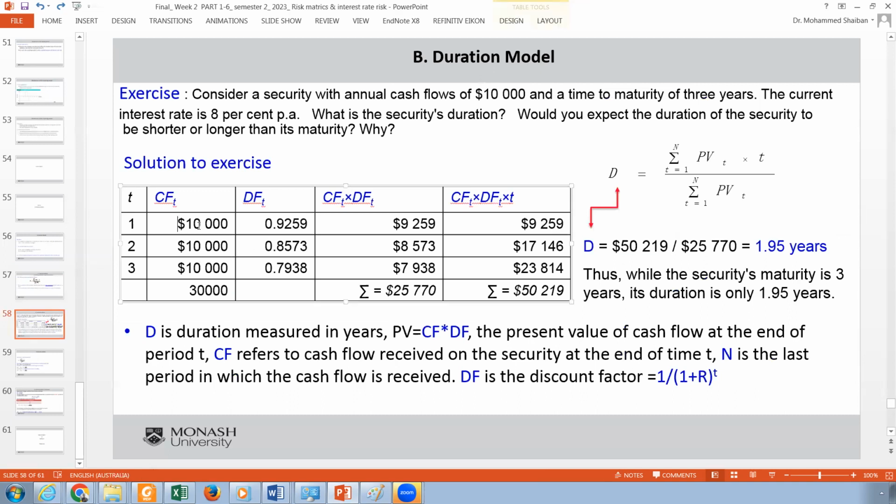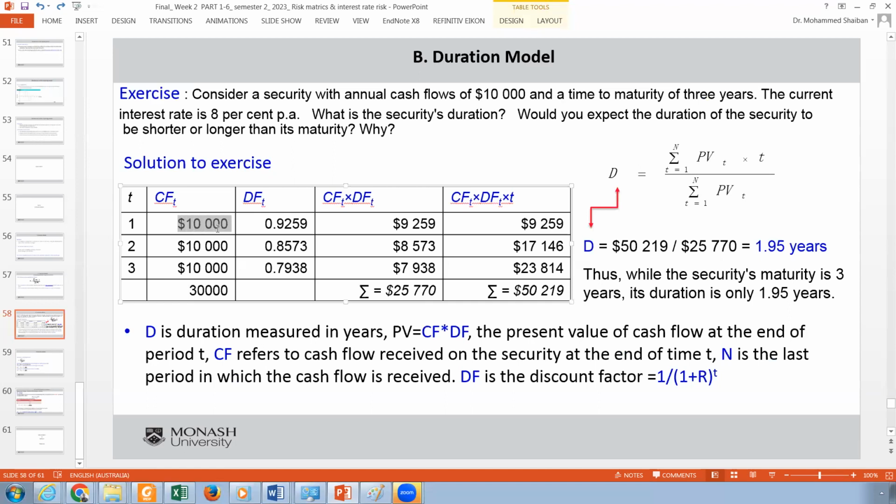Assuming I have a loan, this loan is 30,000, and it is for 3 years. According to the repricing model, I will just consider that loan is at 30,000, and I will put it in the horizon of 3 years. But in the duration model, they say no, when will these amounts be received?